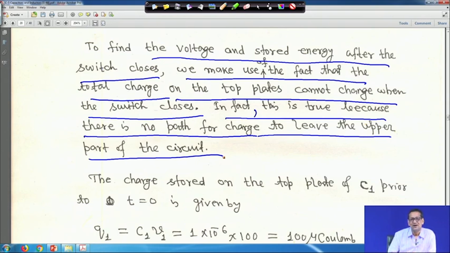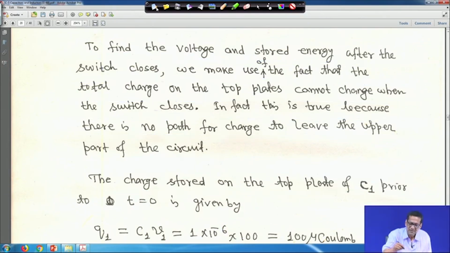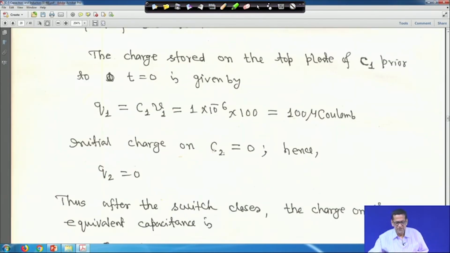Now the charge stored on the top plate of C1 prior to t equal to 0 is given by Q1 is equal to C1 into V1, that is C1 is 1 microfarad, so 10 to the minus 6 into 100, that is 100 microcoulomb, that is the charge stored on the top plate of C1, right. And similarly the initial charge Q2 on C2 is equal to 0, right.